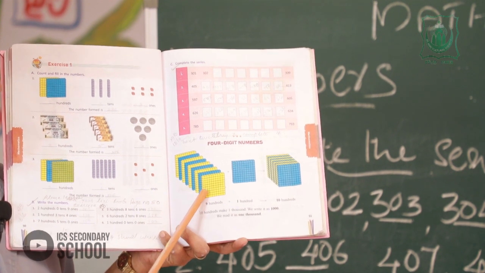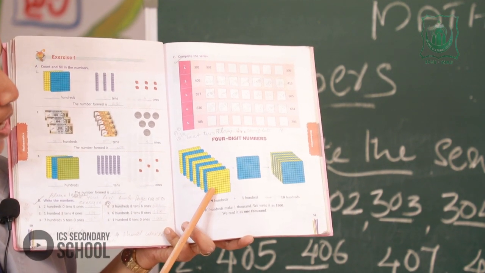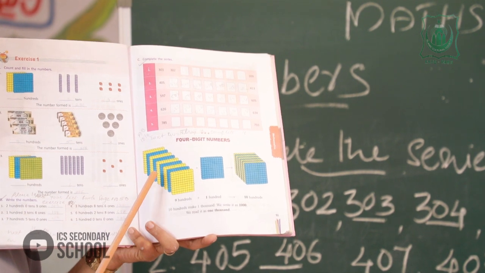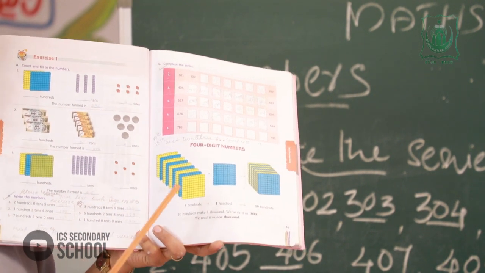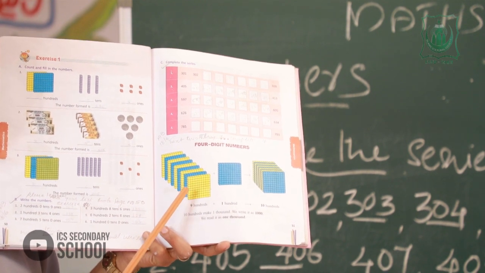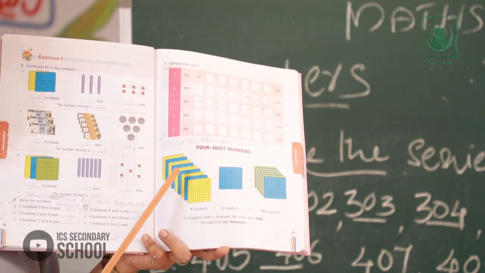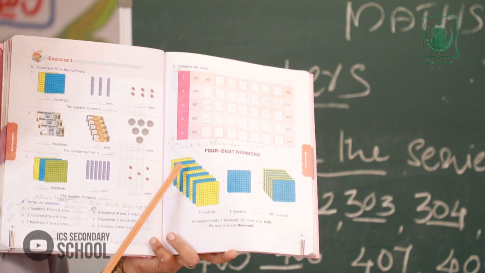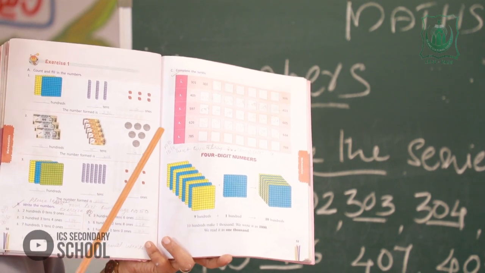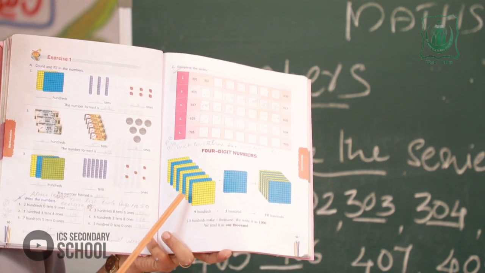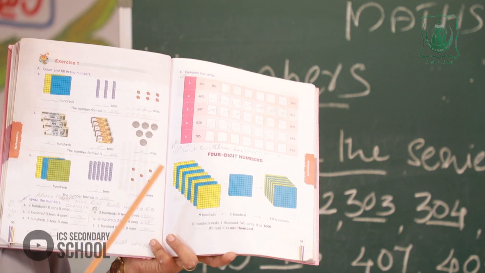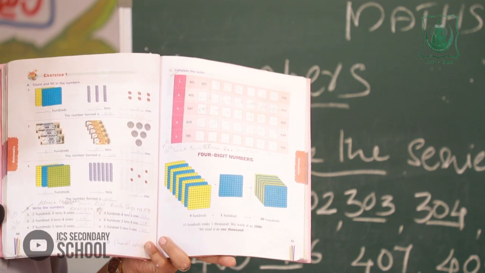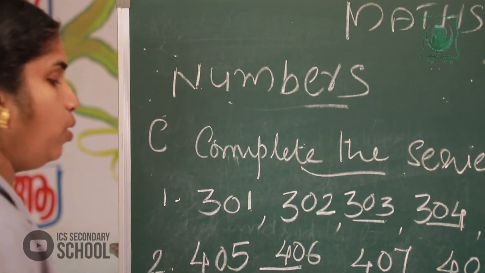So we count these strips: 100, 200, 300, 400, 500, 600, 700, 800 and 900. 9 boxes are there, so we count 900. 900 plus 100, we get 1000.